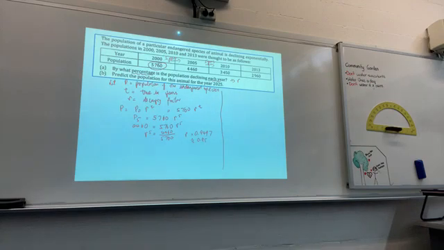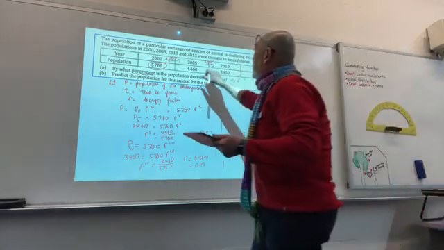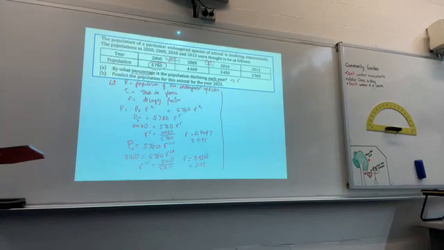So I could use P10, which is 3450, equals 5760 R to the power of 10. R to the power of 10 equals 3450 over 5760. So R equals 0.9500, approximately 0.95. So by looking at three of them, you confirm that R is 0.95.